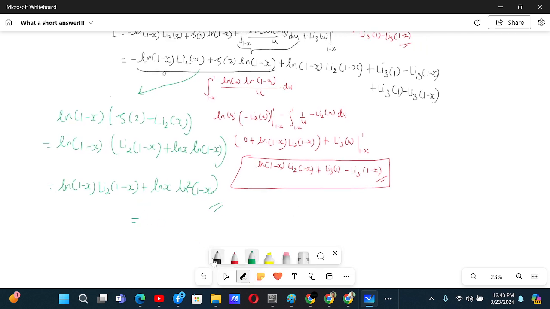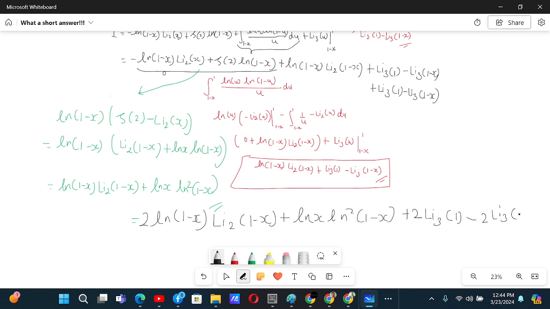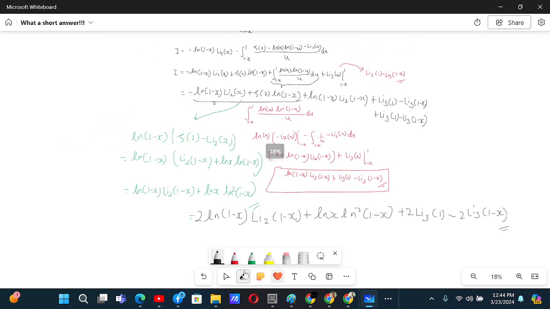If we rewrite it, we now have ln(1-x) Li2(1-x), and then plus ln x ln²(1-x). Notice that this is the same term as this one, so we can write 2 over here, and then 2 Li3(1-x). Okay, I think this is now the final I that we are looking for.